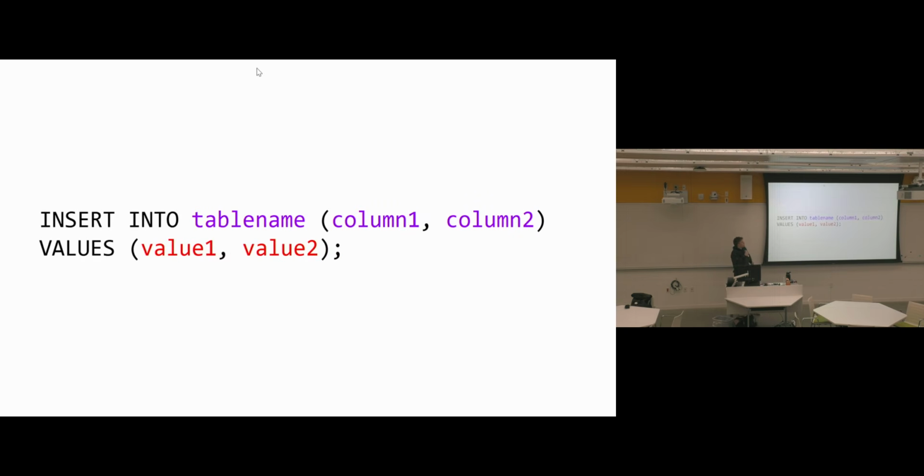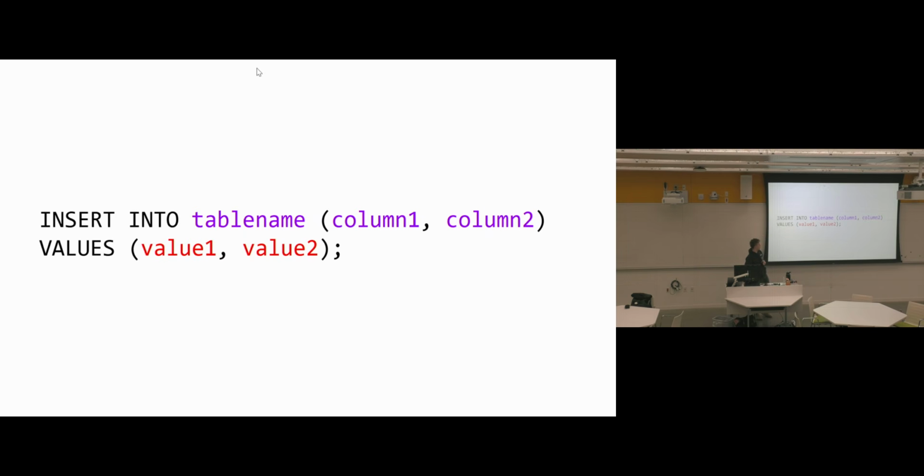So let's say we wanted to insert something into our table, like inserting a row. We can use this set of commands here. Insert into our table the following two columns, and we want to insert values corresponding to those two columns here. You can think of this as one command.